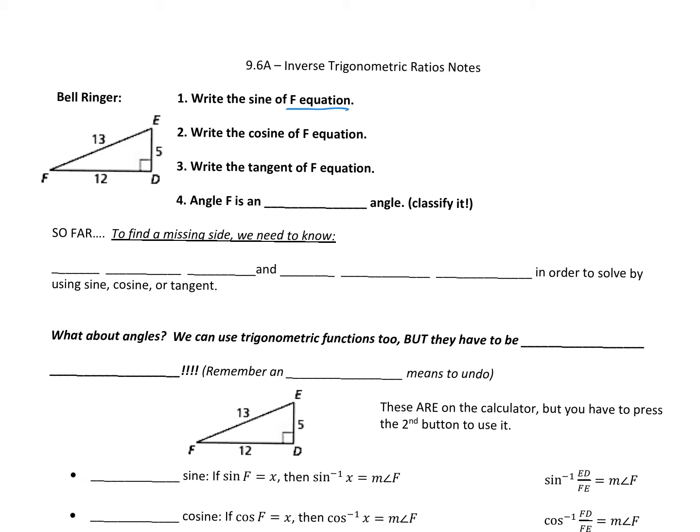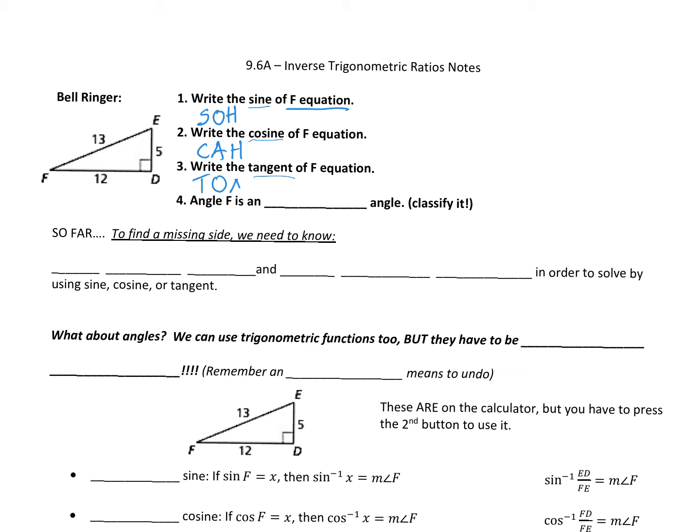Remember our phrase that we want to remind ourselves to use, SOH CAH TOA. The first one is sine, so I'm going to write that over here. This is SOH. Cosine is CAH. And then tangent is TOA.